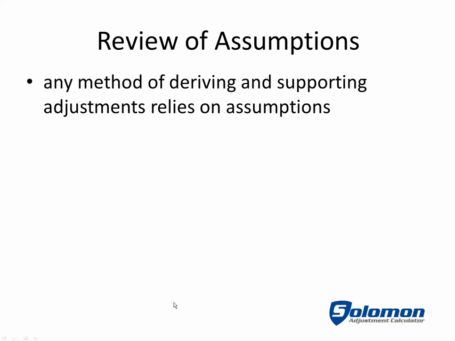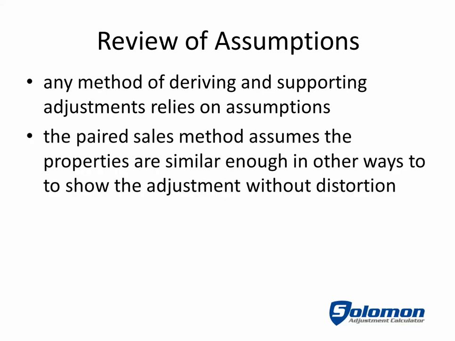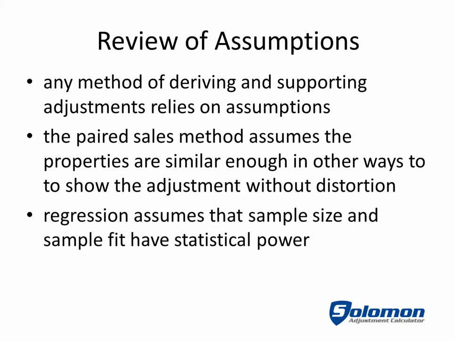Any method of deriving and supporting adjustments relies on assumptions. The paired sales method assumes that properties are similar enough in other ways to show the adjustment without distortion. Regression assumes that sample size and sample fit have statistical power.